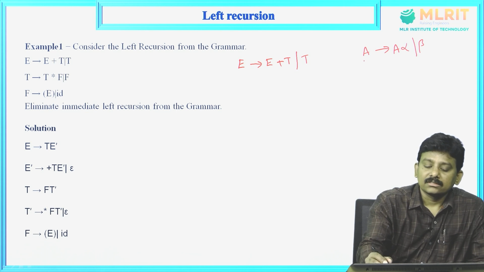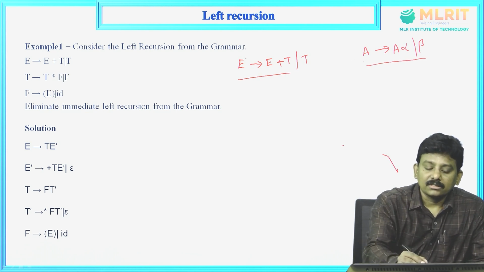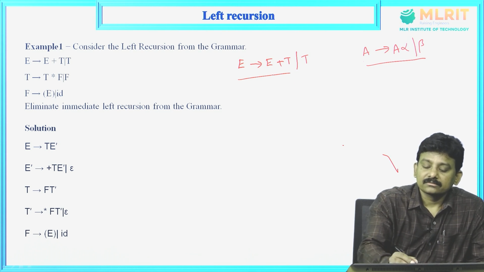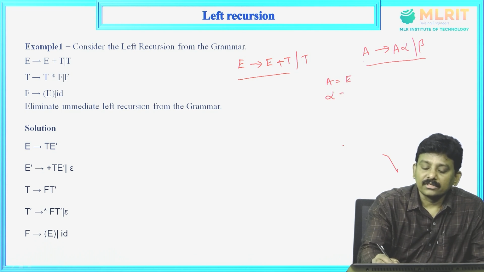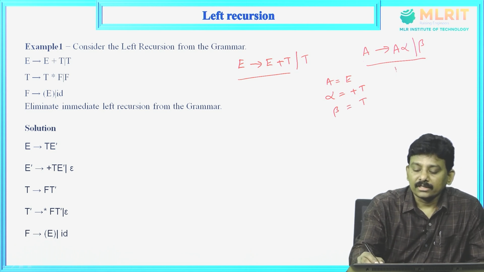Compare this rule with that form. Here E is the same as A, so A is E, alpha is plus T, and beta is T. So we can replace this rule by eliminating left recursion.